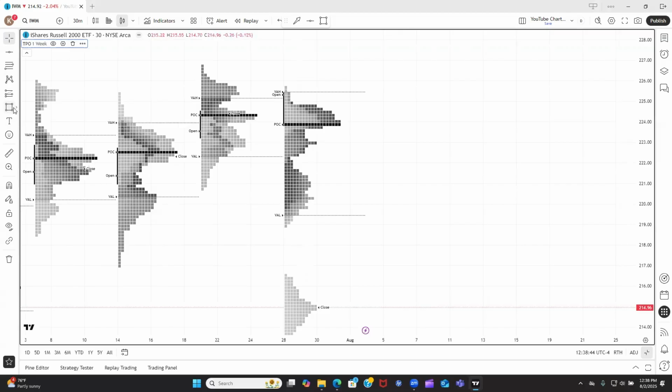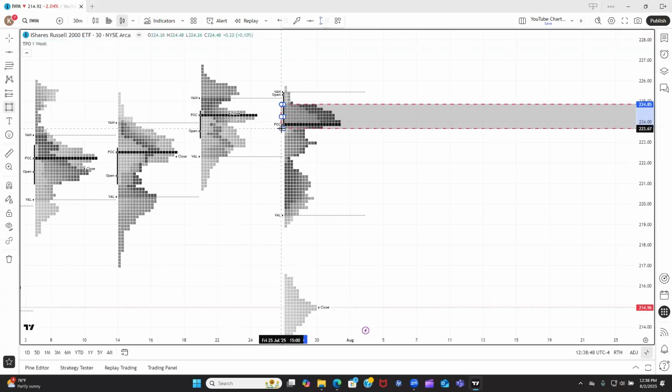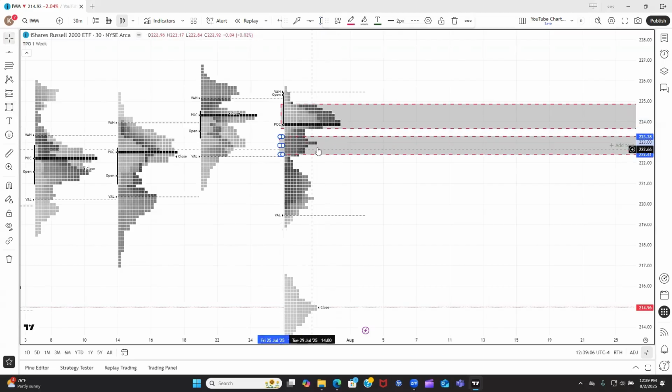It's telling you at what price points market participants in the IWM market were the most active. All right, so from here, 224.85 to 223.71 was an active area. I would say roughly here to here is a curve.